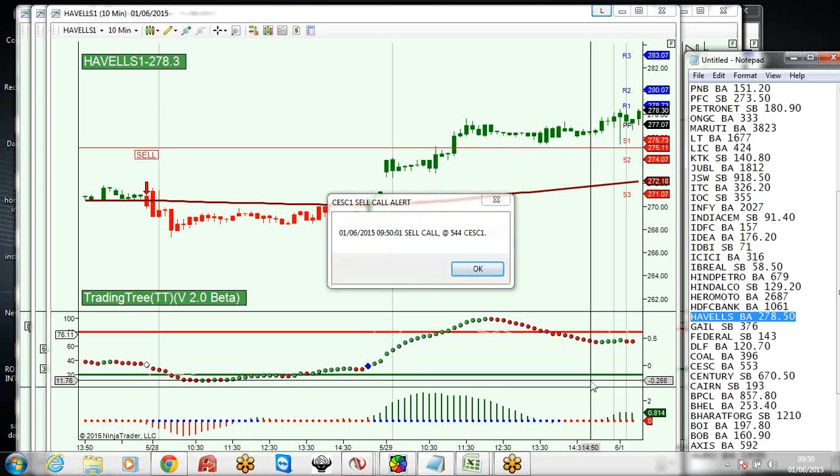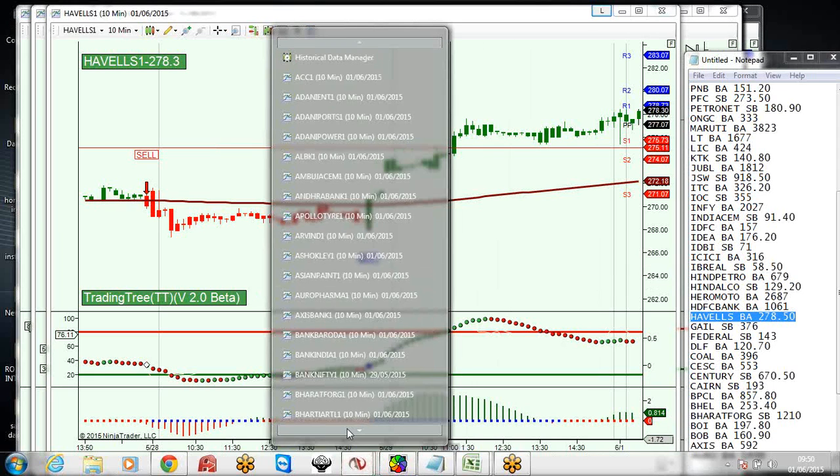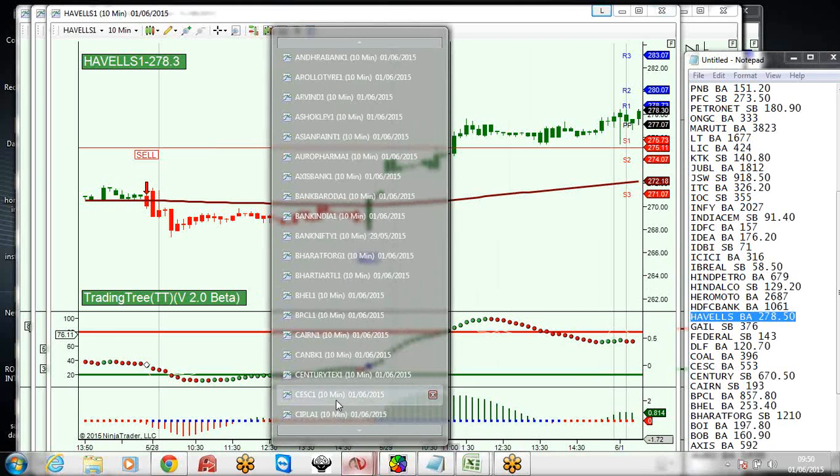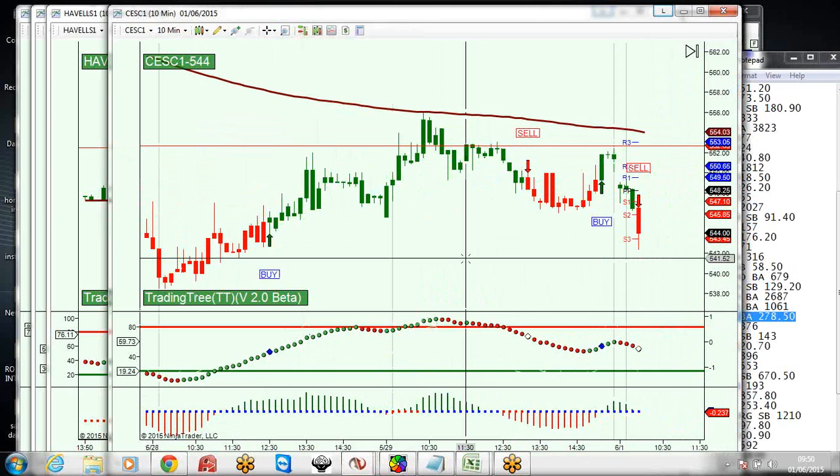There is a sell call in CSE. So now you can short this at this level, 541.50.